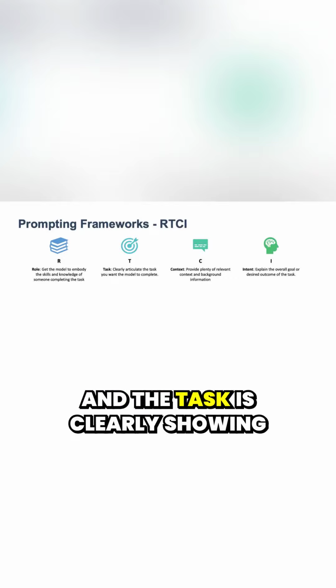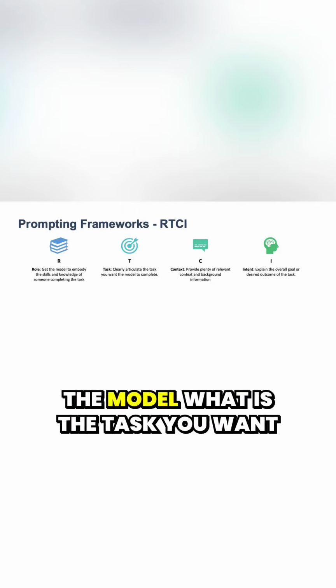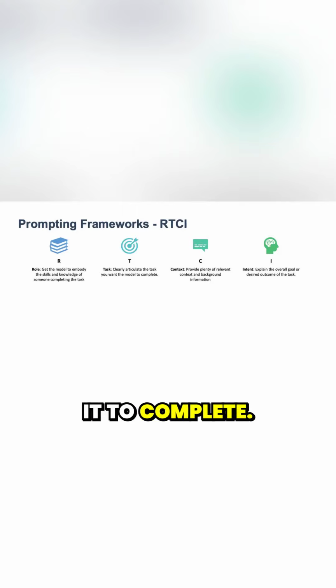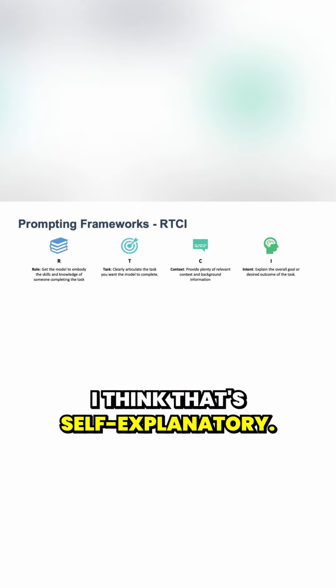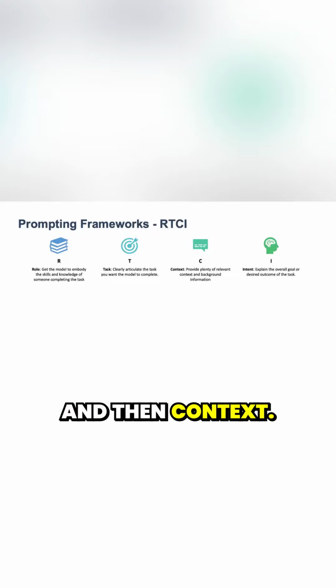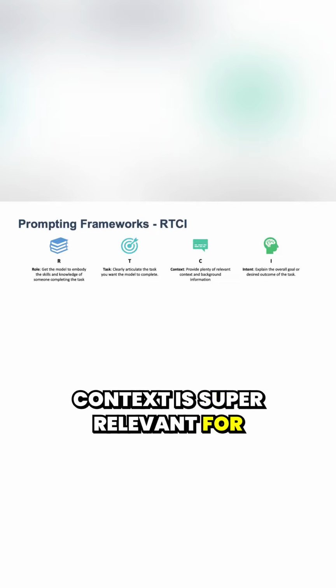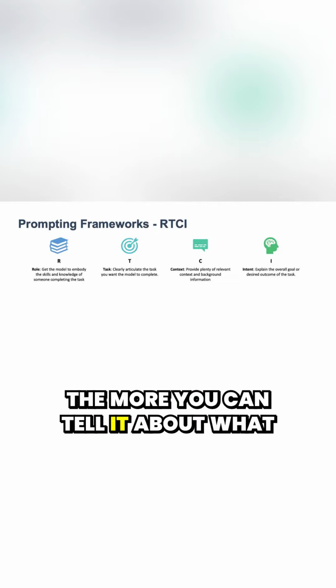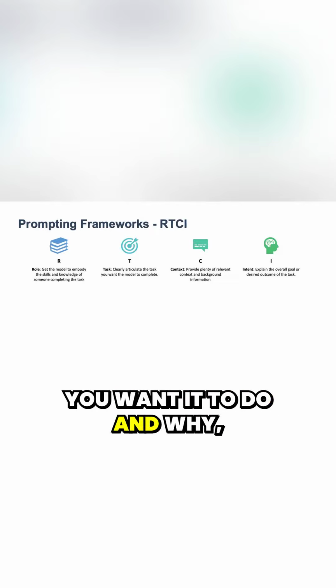And the task is clearly showing the model what is the task you want it to complete. I think that's self-explanatory. And then context. Context is super relevant for these models. The more you can tell it about what you want it to do and why, and the context of the situation.